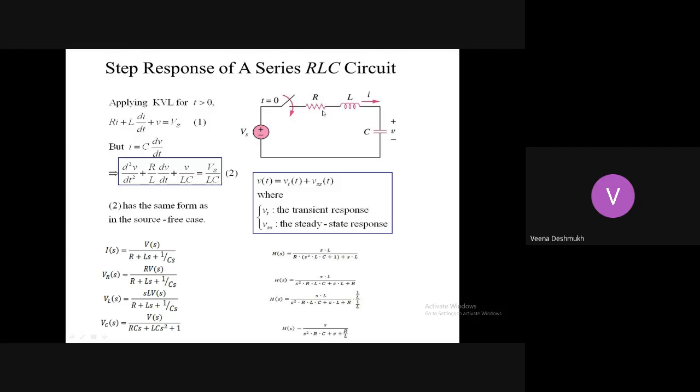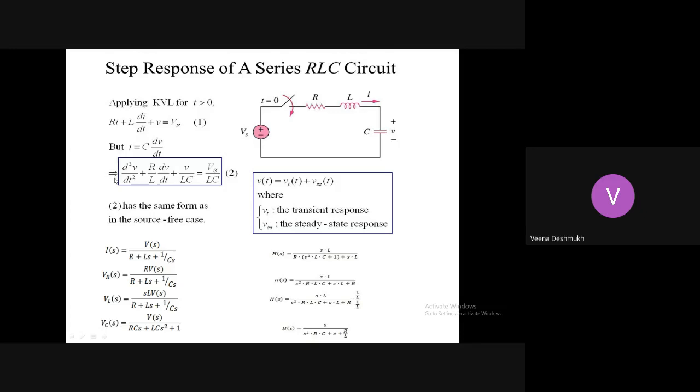Now when I apply KVL to this, you get Ri plus L di by dt plus Vc is equal to the total input. Here Vc is the voltage developed across the capacitor.